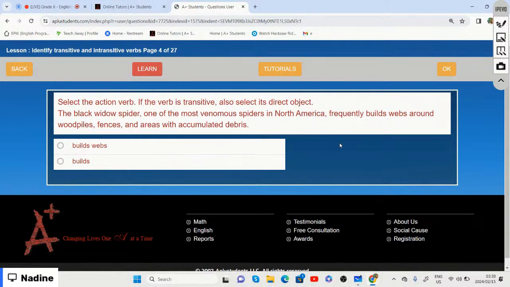We need to select the action verb, and if the verb is transitive, then we also select the direct object.